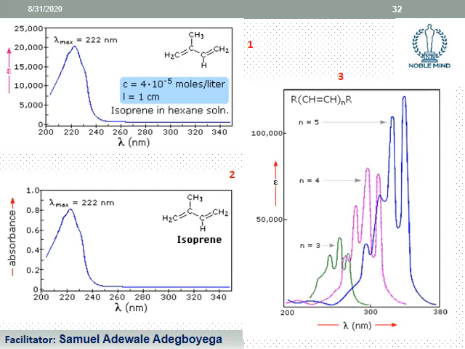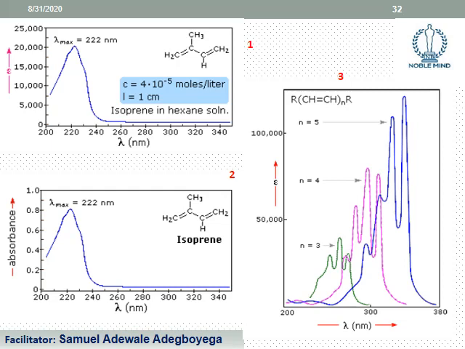When n is equal to 3, you could see an absorption band. When you increase the number in the chain, n equal to 4, there is a shift to a longer maximum wavelength.